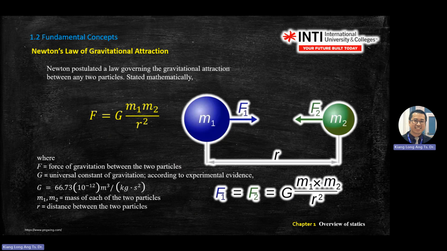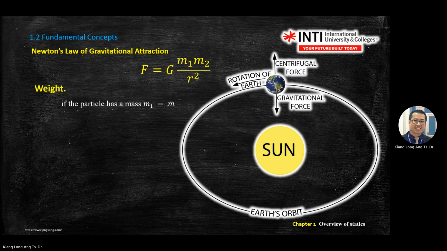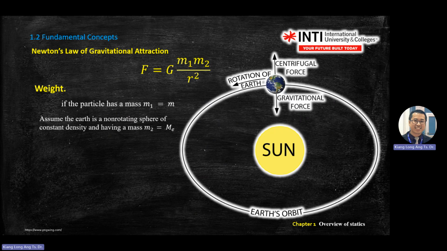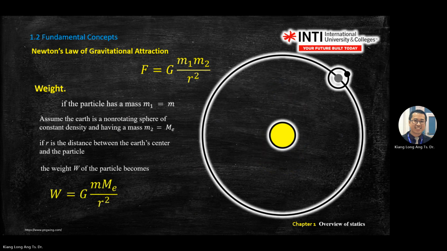What is important is that you simplify the whole thing into weight. So you have this equation, F equal to G, where G is the gravitational constant, two masses and the radius. Let's say you have two masses, one is a particle, one is the Earth.